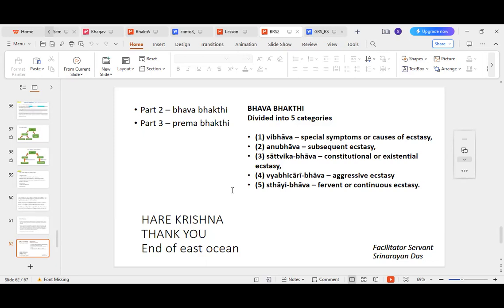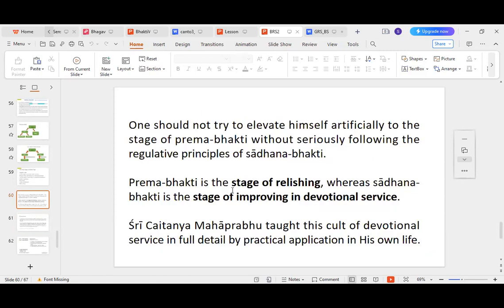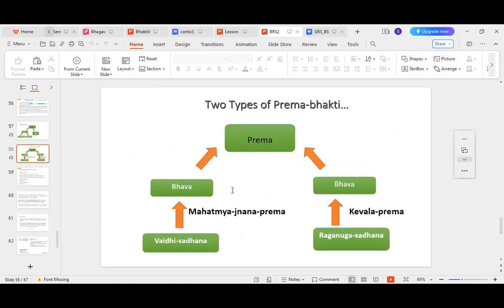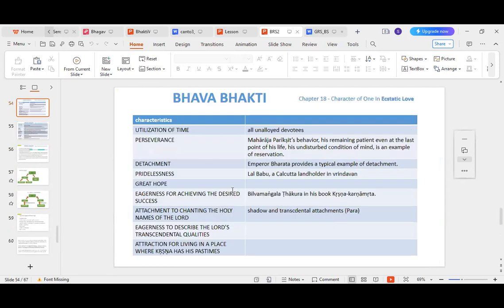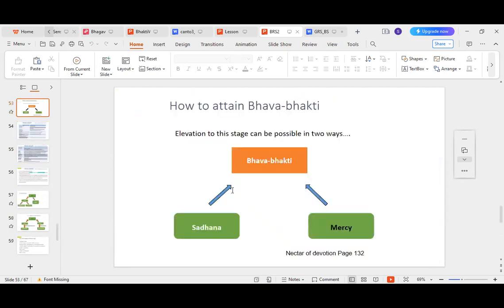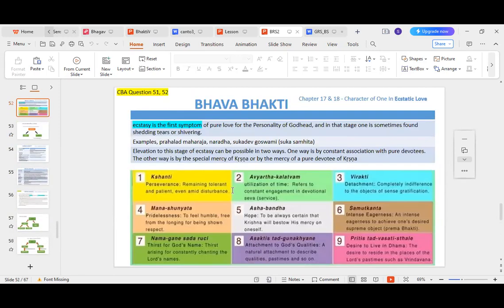Just a summary: we have seen what is Bhava Bhakti and what is Prema Bhakti. Prema Bhakti is of two types, one through Kevala Prema and the other Jnana Prema, Mahatmya Jnana Prema. Bhava Bhakti is achieved through sadhana and mercy. In Bhava Bhakti, there are nine wonderful characteristics. The first symptom is ecstasy.